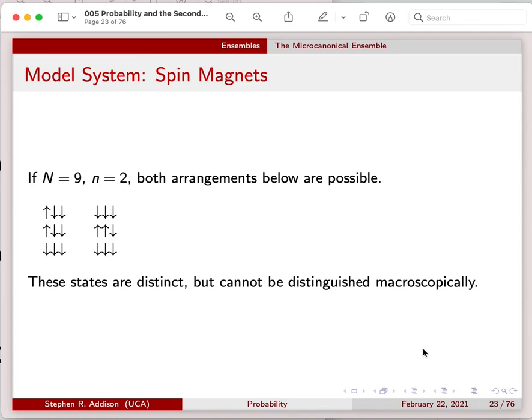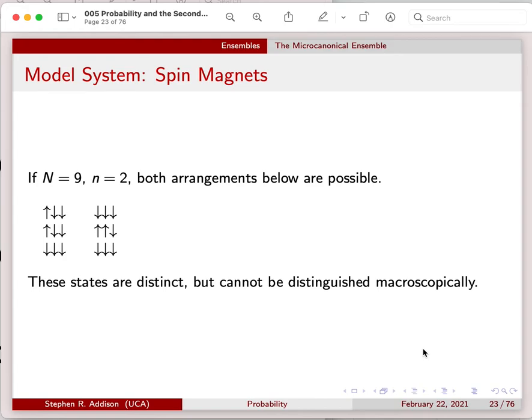If we look at a system like this, let's take 9 little magnets. We'll choose n equal to 2 of them to align with the field, and we'll let the others be anti-parallel.